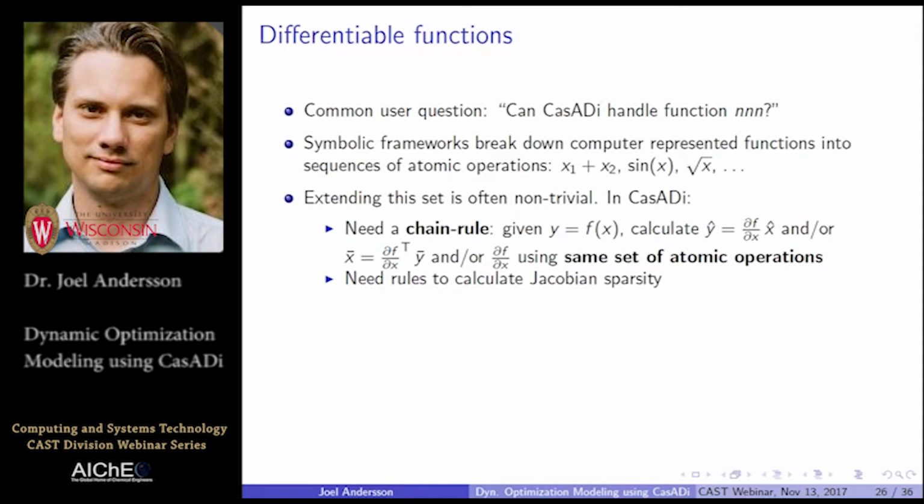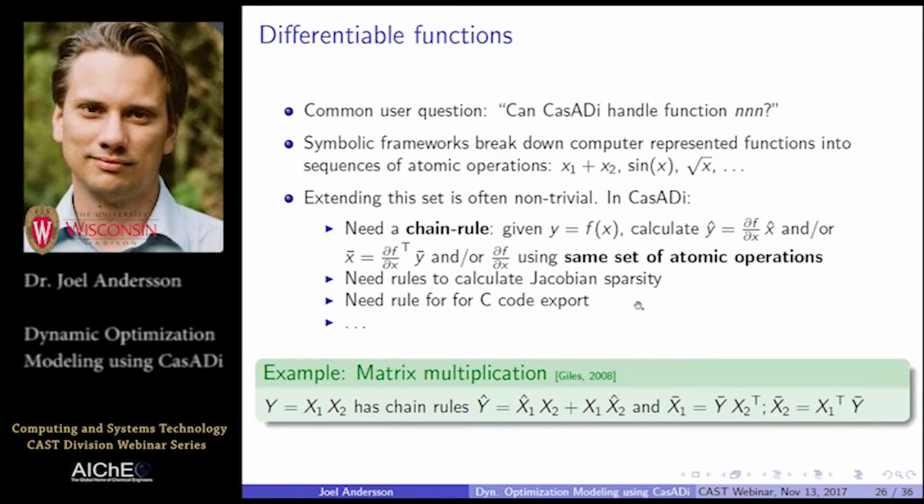There are things like ways of calculating the sparsity patterns of Jacobians. If you want to export C code, you need rules to export C code, and there are a lot of other things to it. So it's very tedious work to add new functions, but it's something we are working on continuously.